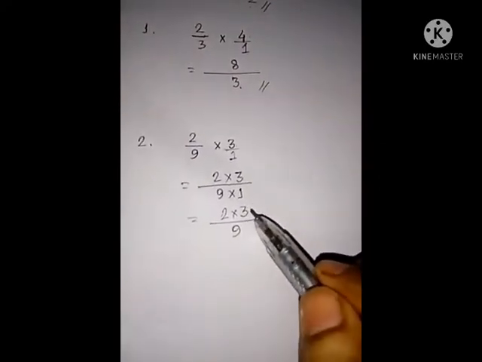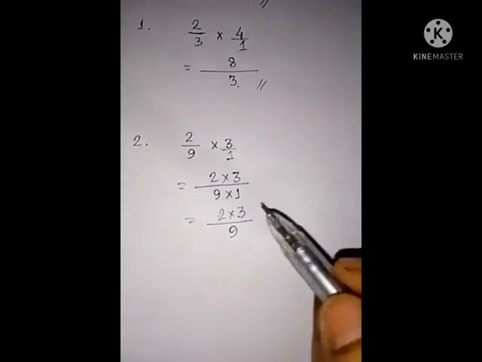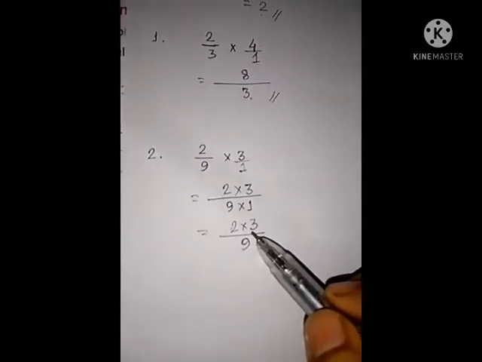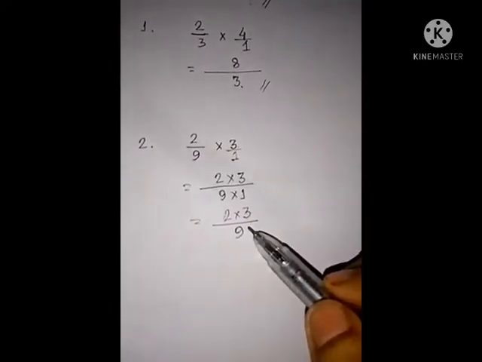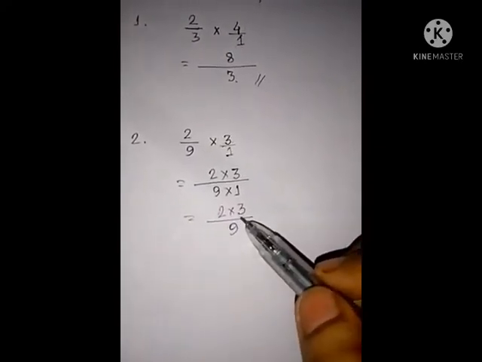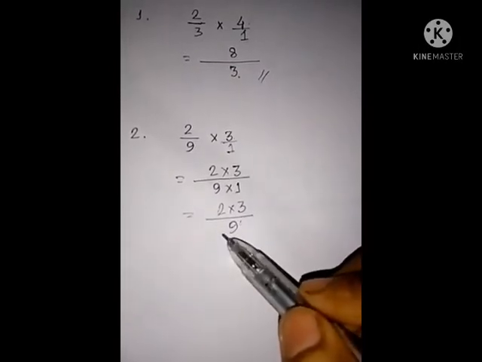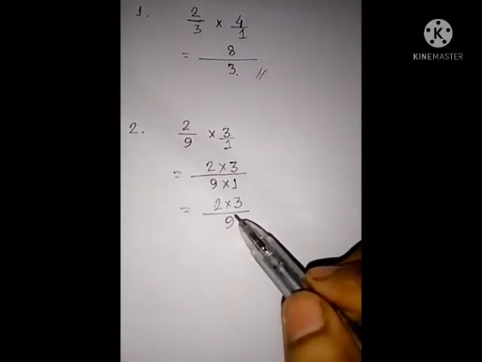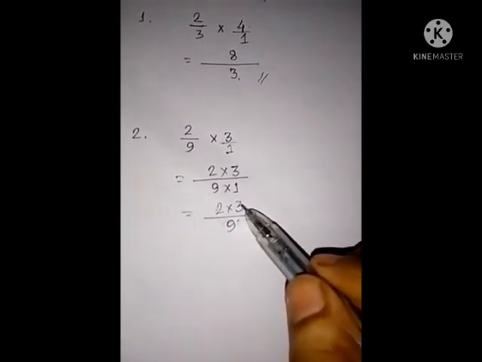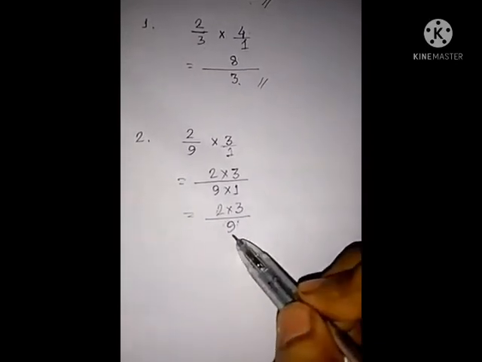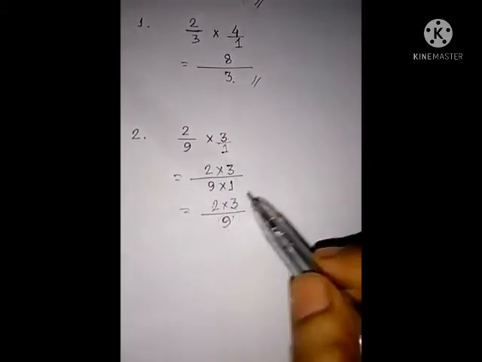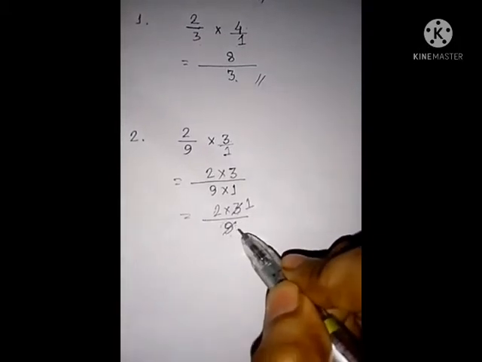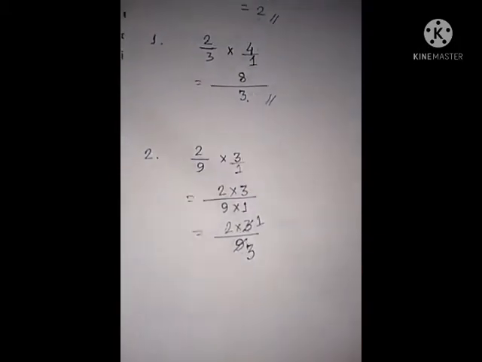Now here we have to check whether we can reduce any number to a smaller number or not. The biggest number among these is 9, and 9 is divisible by 3. We can cut 9 by using this 3. 3 1s are 3, 3 3s are 9. Understand?